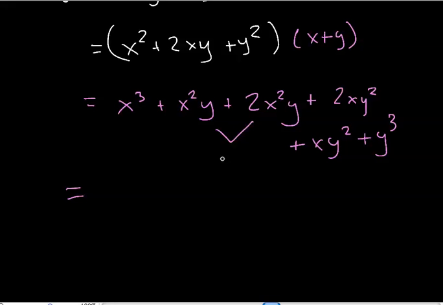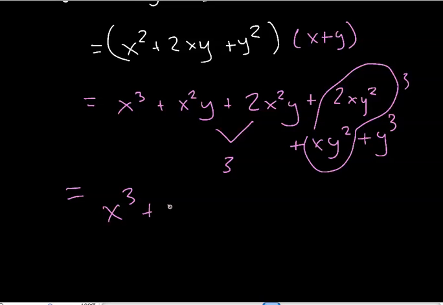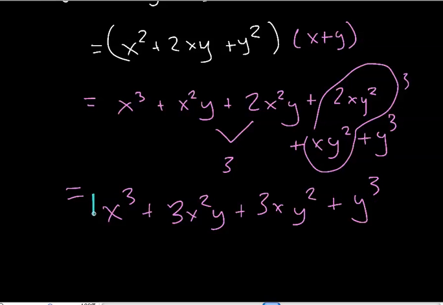These two together make a 3, and these two together also make a 3. So I'm going to have x cubed plus 3x squared y plus 3xy squared plus y cubed. Now again, pay close attention to the coefficients. I have 1, 3, 3, 1 there.